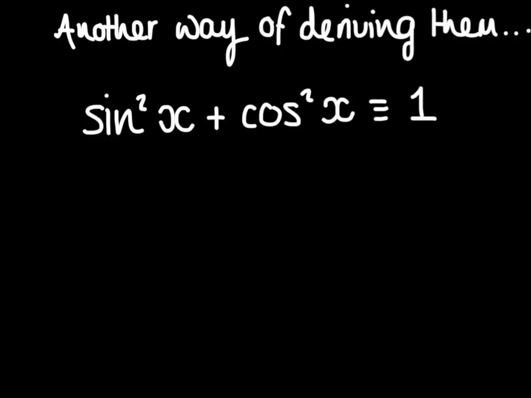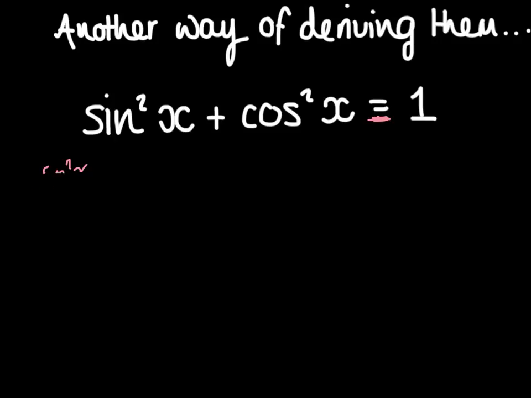Okay, there is another way of deriving these, and that is to consider what would happen in a single case, so I'm going to take one of those lines out, and dividing through by either sine squared x or cos squared x. Now I'll show you what happens with the sine squared x one, and then hopefully if you divide through by cos squared x, you should get your other expression that you found in the previous slide.